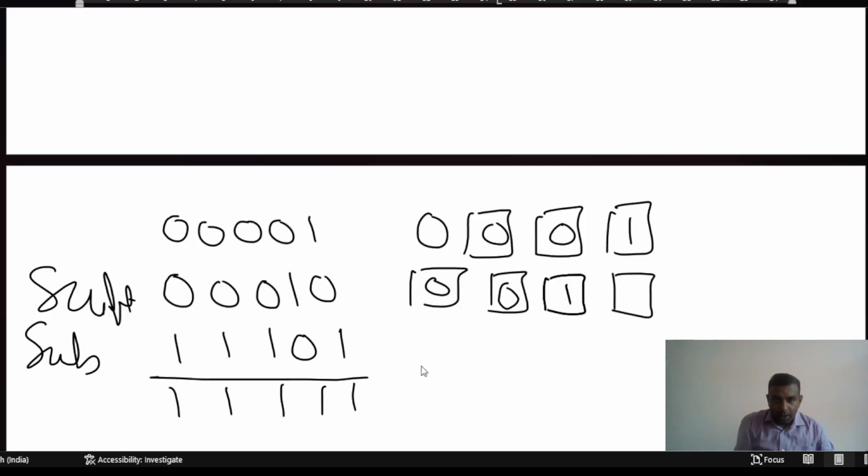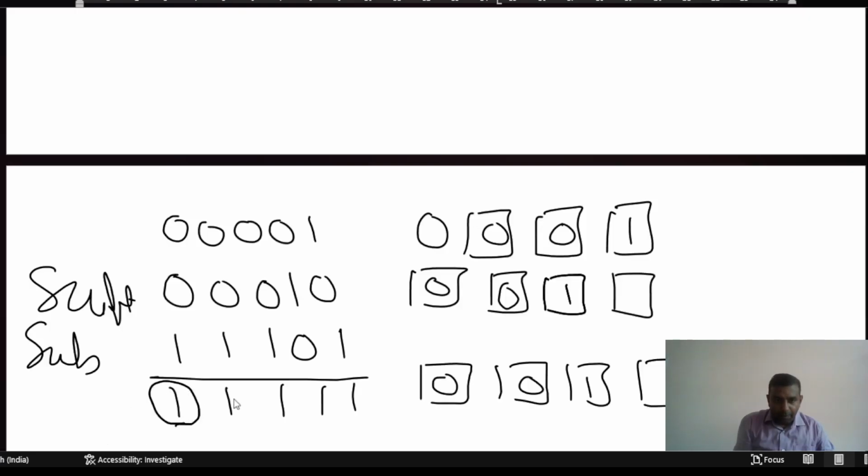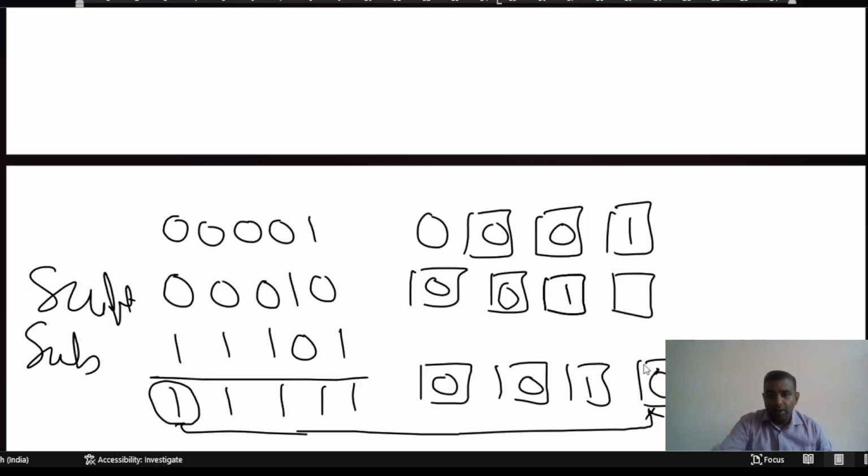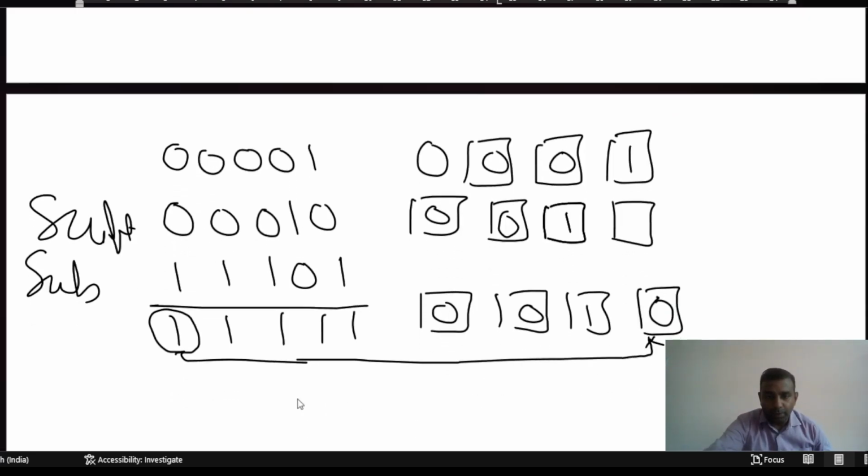So this is the result of subtraction. And Q0 depends on the first bit of the result of subtraction. So what will be the result? 1. So that's why we put 0 here, the opposite bit of the first bit of the result of subtraction.